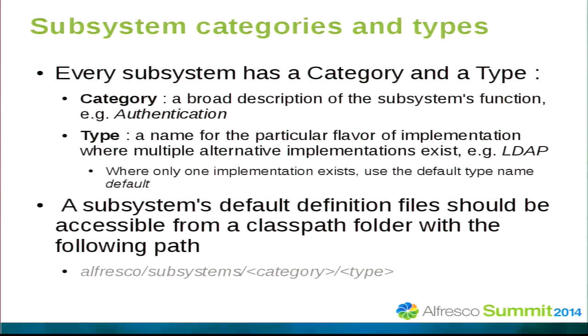So for example, you will have one that will be the authentication subsystem that will contain the ability to authenticate to an LDAP directory, to a Kerberos server, to do NTLM, to do SSO, and all of that will be a type of that category. So that means that you can really easily, even on the file system, as you can see, you will have Alfresco /subsystems /category /type. So it's easy to identify where the relevant config is for that specific part that you're looking after.